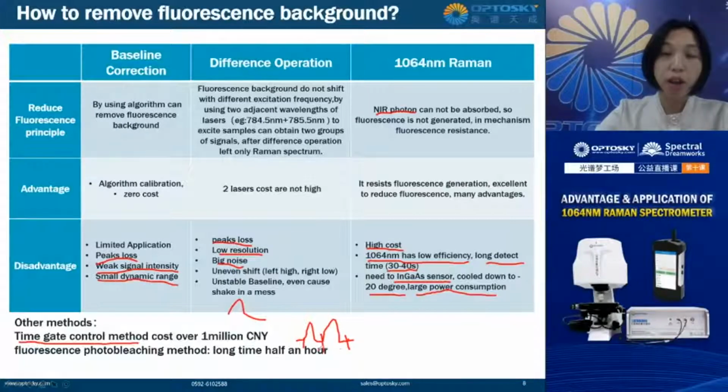We need to install a shutter here to detect the fluorescence and leave the Raman signal. So it costs over 1 million RMB. And also, fluorescence can use the photo bleaching method, but it takes at least half the time. Some people cannot wait so long, so it's also very time consuming.